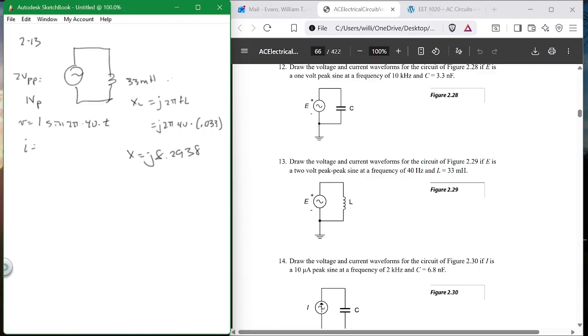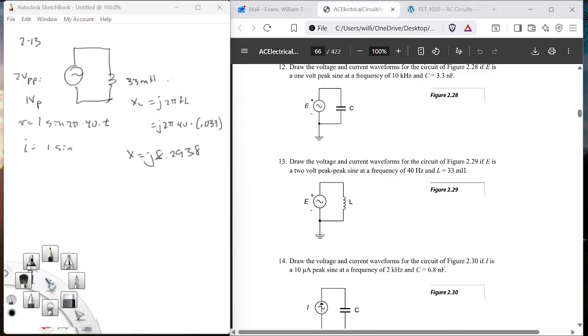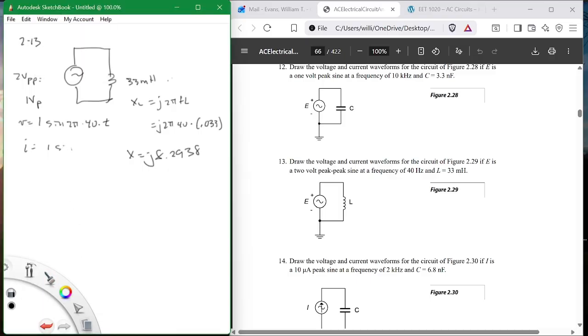Okay, so now that is my V. What is my I? It's 1 sine, or you just say the word 1, because you can forget about the sine and just take the peak value.